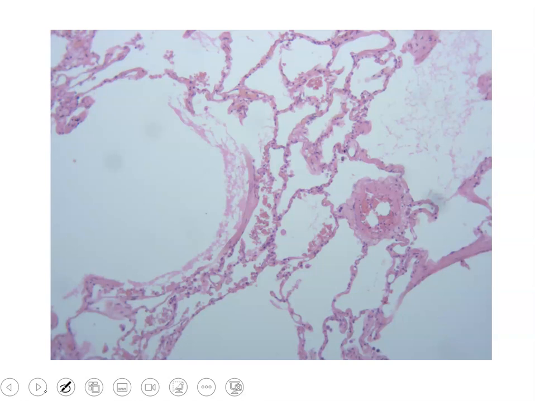When we breathe in oxygen, the oxygen goes through the simple squamous epithelium to be picked up by our red blood cells, and then the red blood cells give off carbon dioxide to diffuse through the simple squamous epithelium so that we can exhale out that carbon dioxide. So here we're starting to see these alveolar sacs or alveoli, and they of course are lined with a simple squamous epithelium.